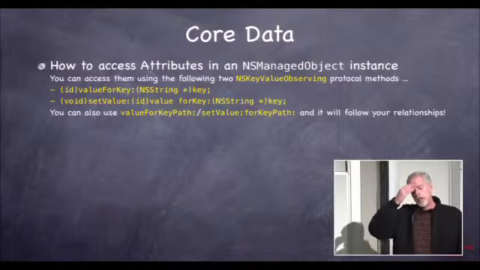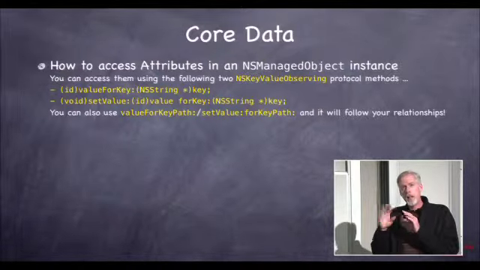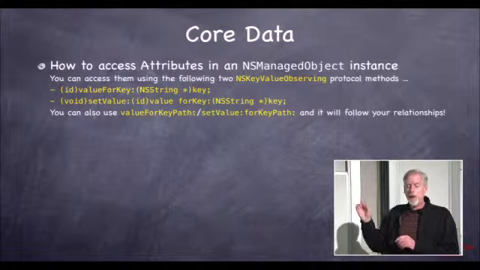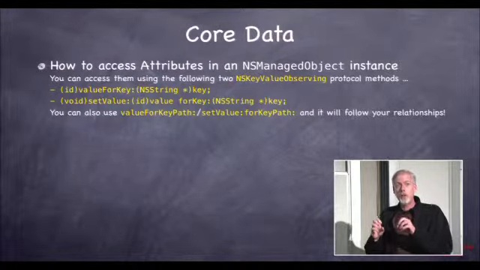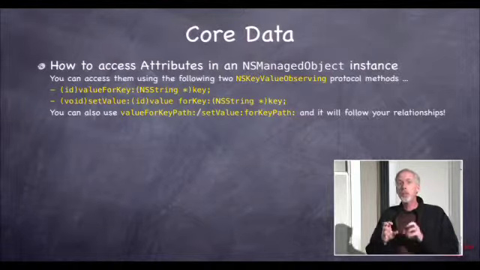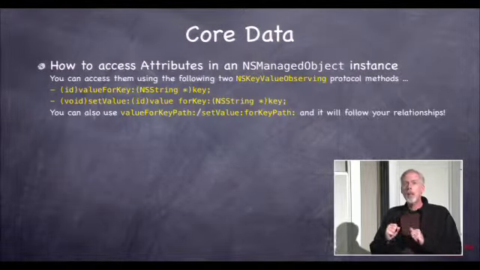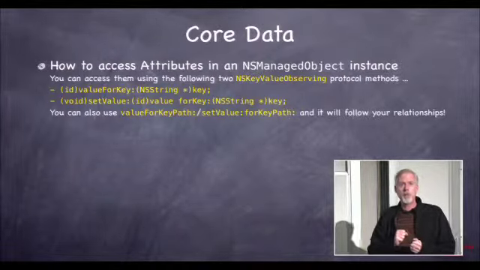Now, I'll take a little aside here. I'm not going to have a slide on this, but the NSKeyValueObserving protocol, you notice, has the word observing, and yes, you can actually observe property setting and getting in any object that supports this protocol for any of its properties, okay?